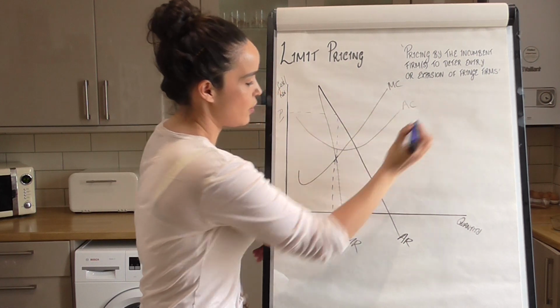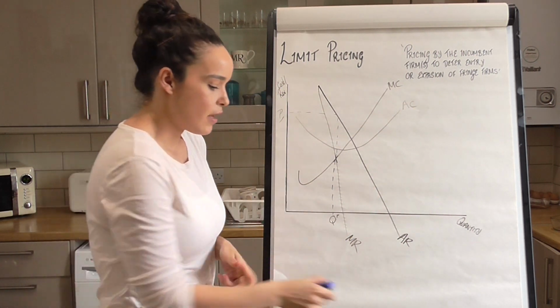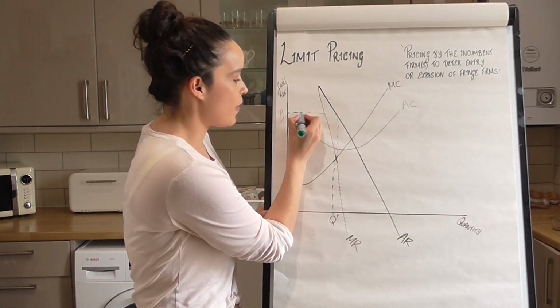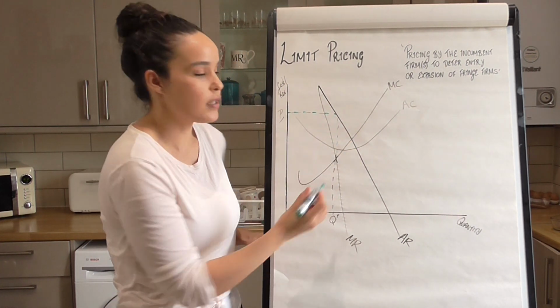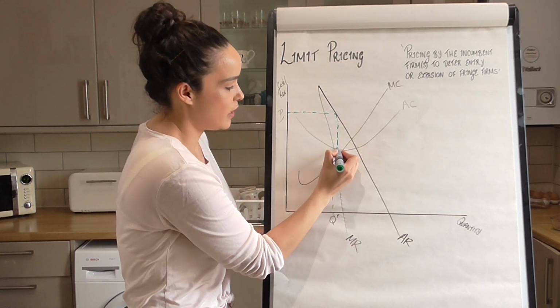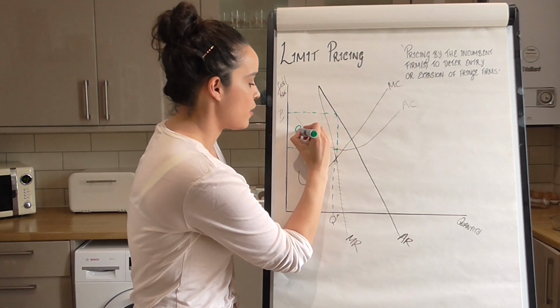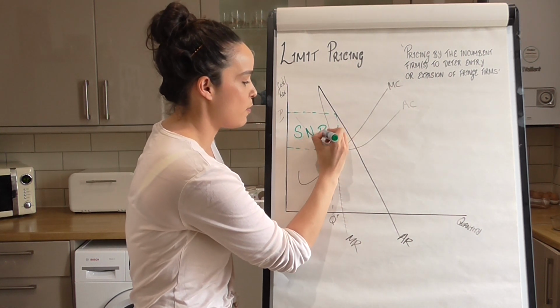This is our average cost, and then we can see here that the firm is making supernormal profit, so we go from that price line all the way across straight down to our average costs, and here we can see quite a lot of supernormal profit.